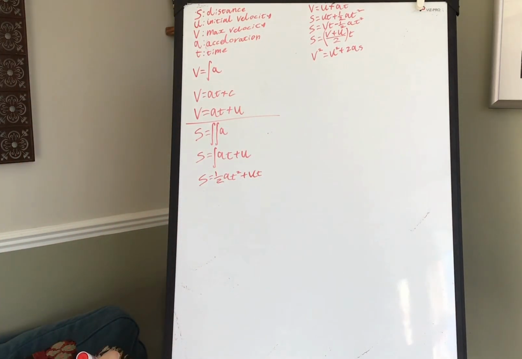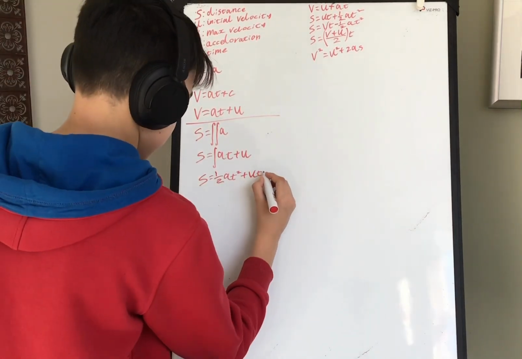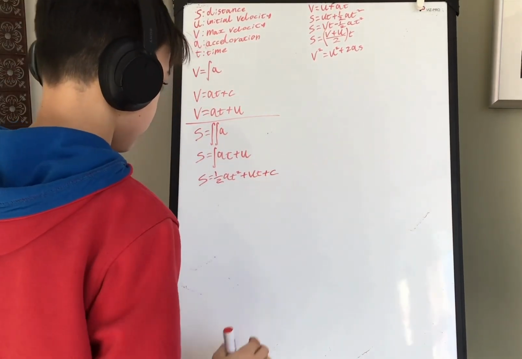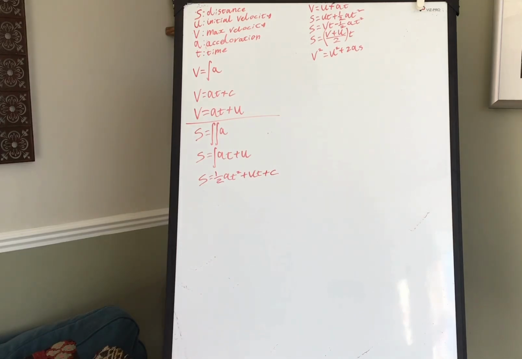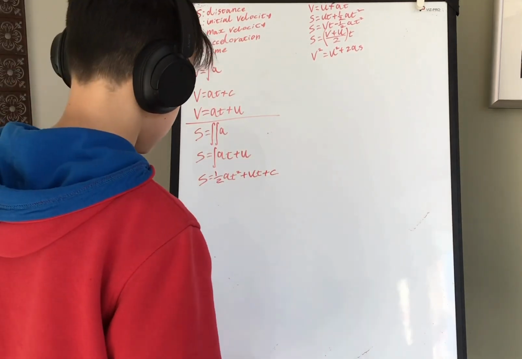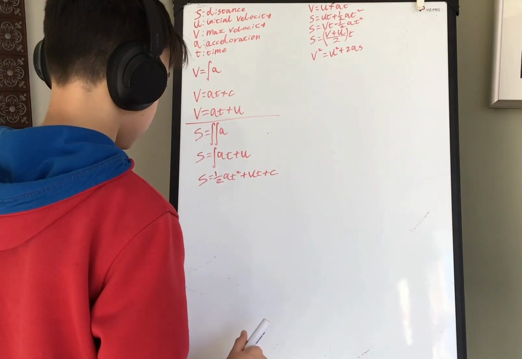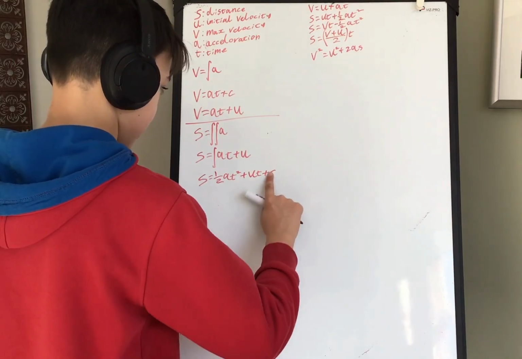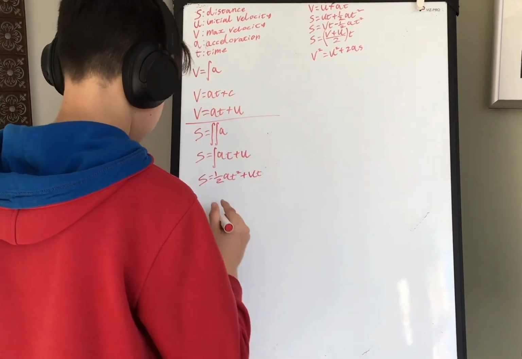Assuming there's no initial distance, this plus C would go away, but if you had an initial distance, you could add that on there. Okay, so that's the second SUVAT equation.